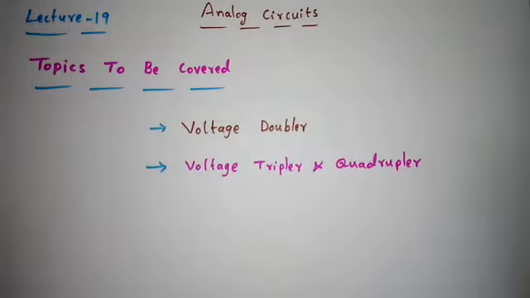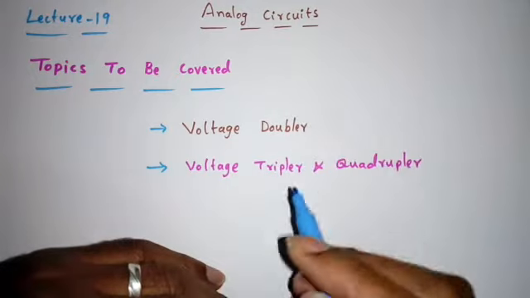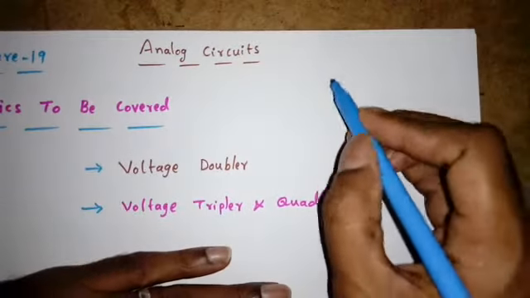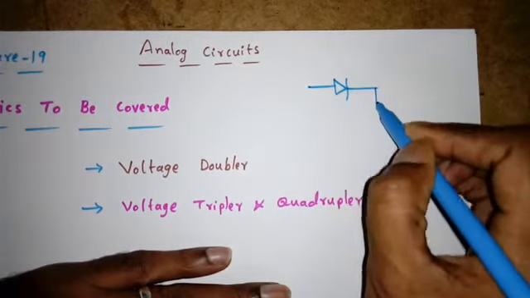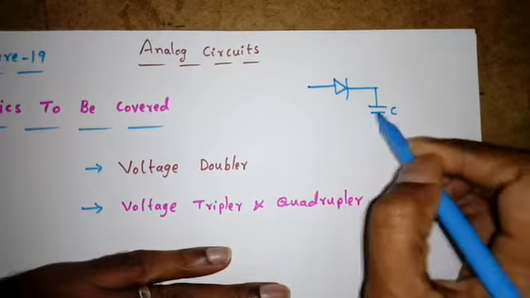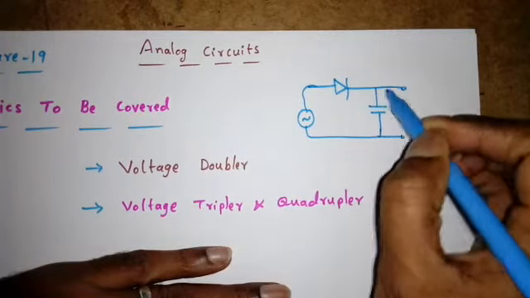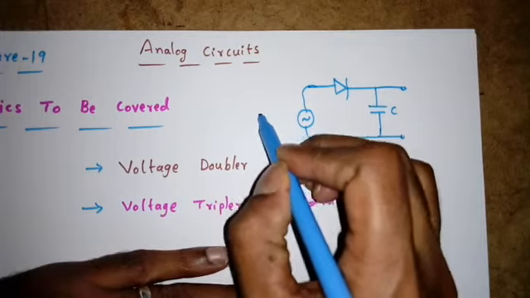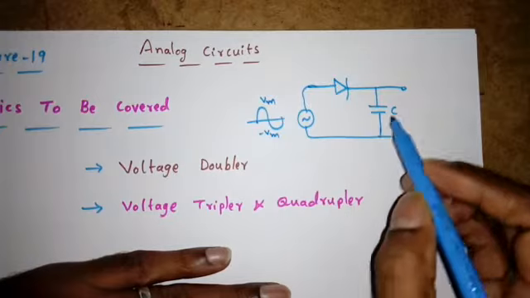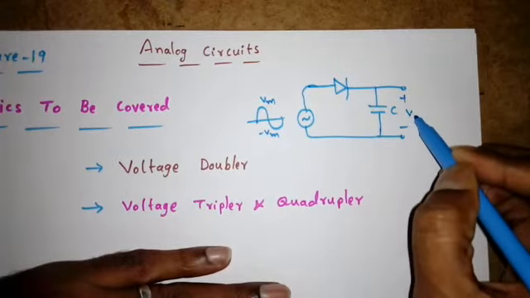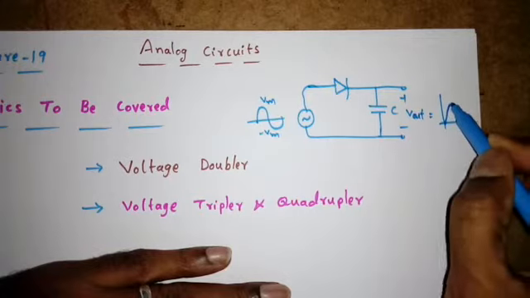In the previous lecture, we discussed the peak detector, using a capacitor and a diode. If I take the voltage across the capacitor, there is a diode here and a capacitor here, and if I apply an input AC signal which has a peak of Vm, then the output voltage, or voltage across the capacitor, is nothing but the peak of the input signal.